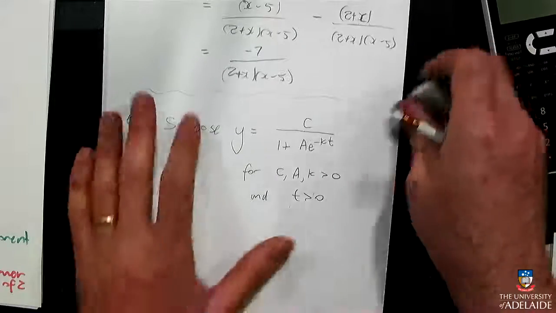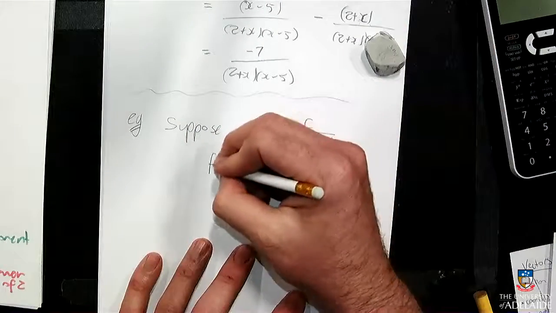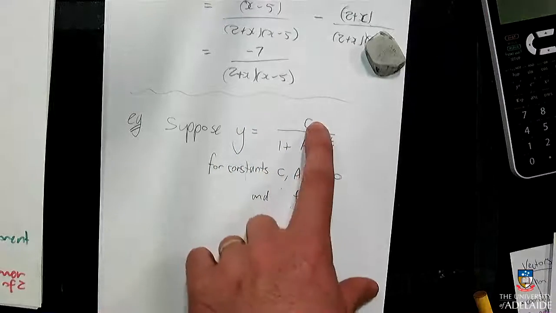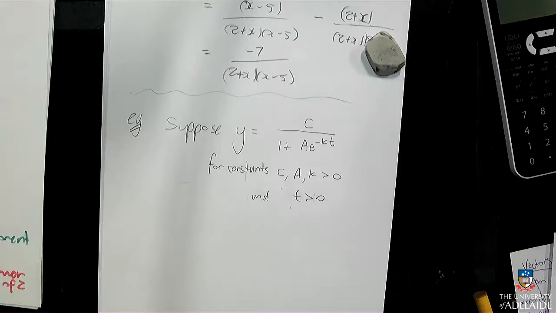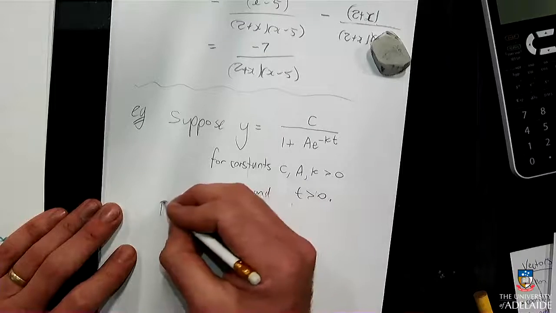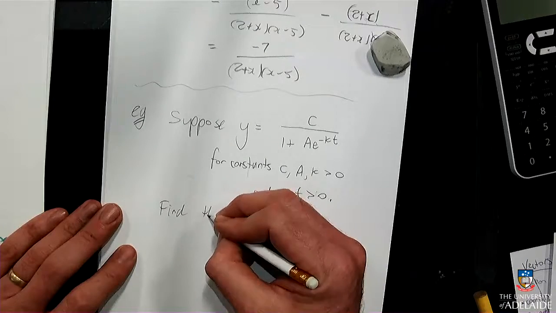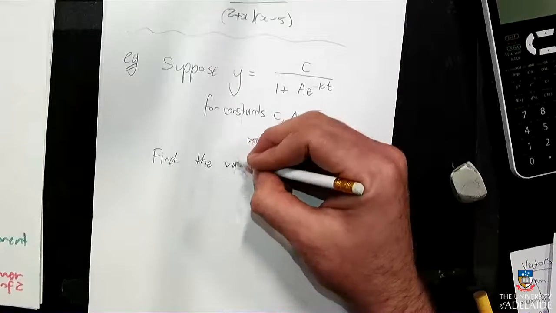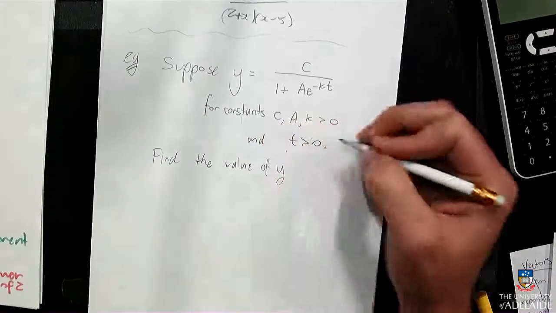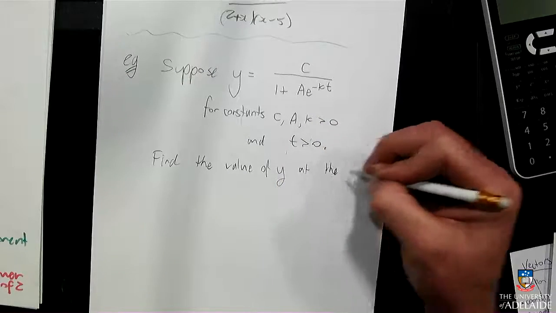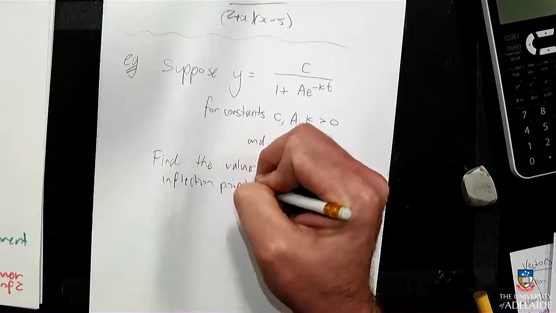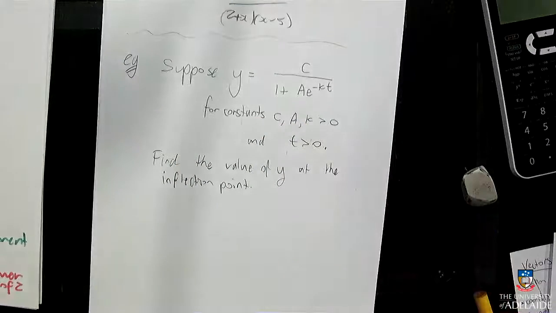So these are constants. Okay, so we're saying that this and this and this are constants, and the t is the variable. Find the value of y at the inflection point.